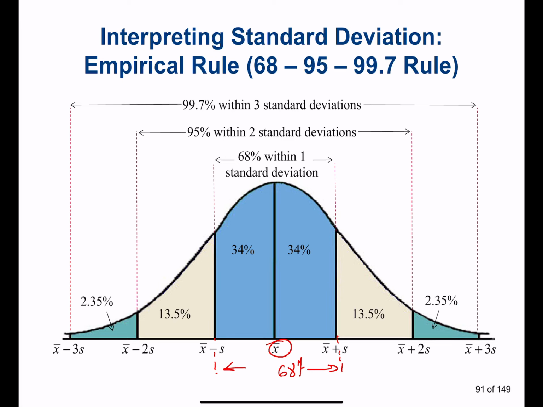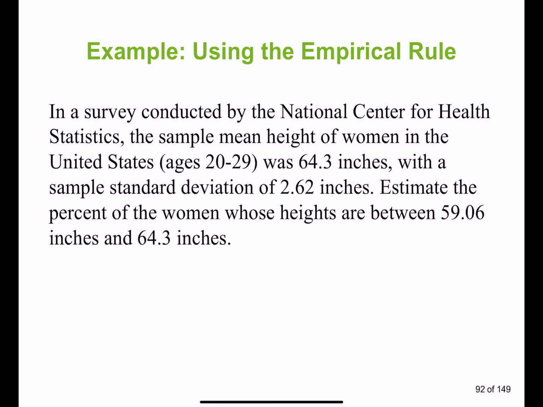Okay, let's use an example to figure out, based on the empirical rule, how much of the data is within 68% or 95% or 99.7% of the data.